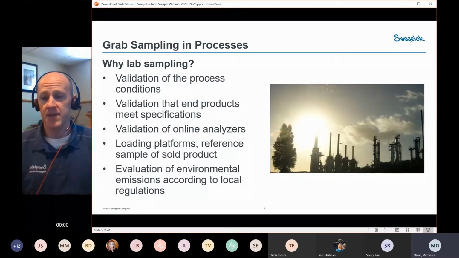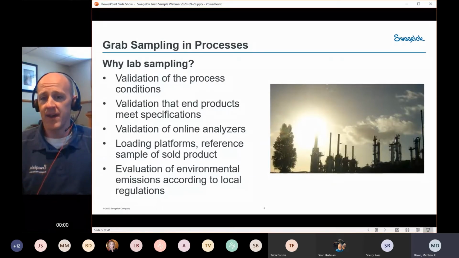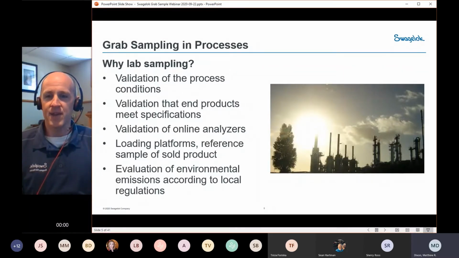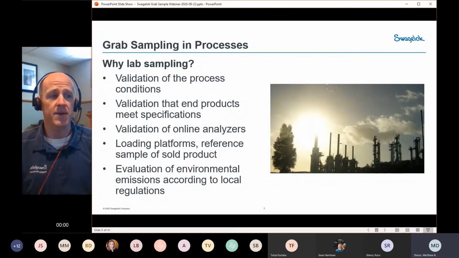Another big reason is that we need to validate online analyzers. Analyzers are definitely the gold standard for sampling. We want to get those results in real time, but at the same time, we need to make sure that those online analyzers are giving us results that are accurate.